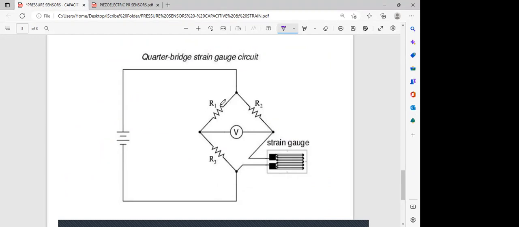So if R1, R2, R3, R4 are equal in every respect, then when the supply is given over here, you're not going to get any current flowing through the middle arm. Now, in the case of your hull stress monitoring system, the strain gauge is taking the place of R4. So your R4 is nothing but the strain gauge over here.